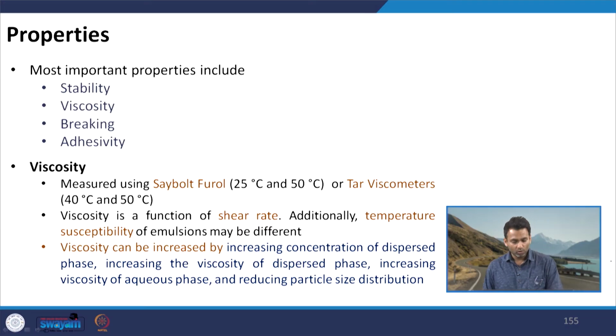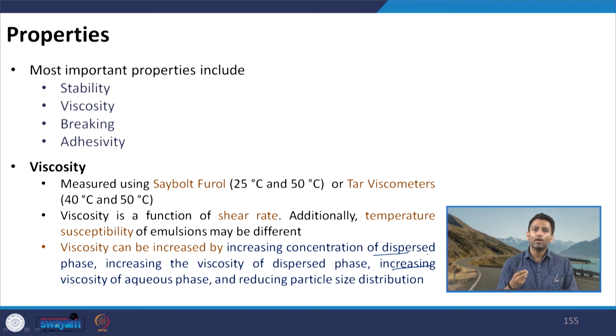Talking about the viscosity of the emulsion system, it can be increased in several ways. For example, we can increase the concentration of the dispersed phase, we can increase the viscosity of the dispersed phase, and we can increase the viscosity of the aqueous phase also. This is interesting, because it means that the viscosity of the bitumen alone does not govern the viscosity of the emulsion.